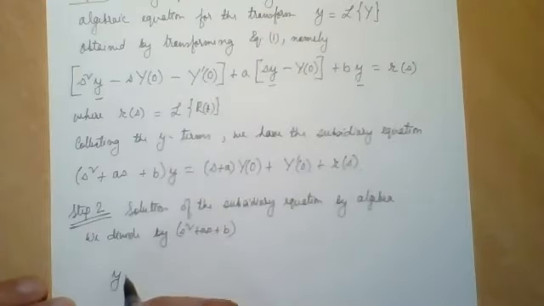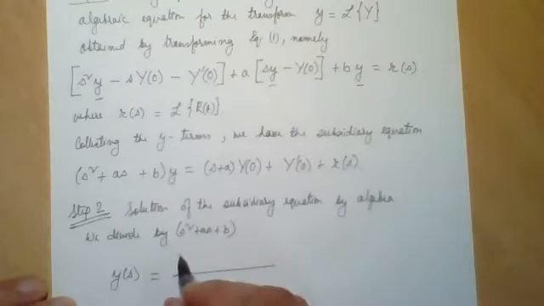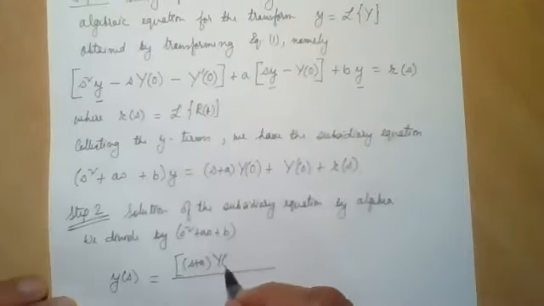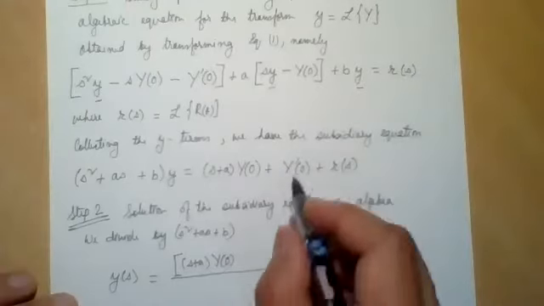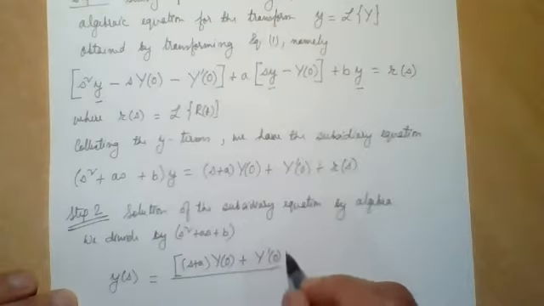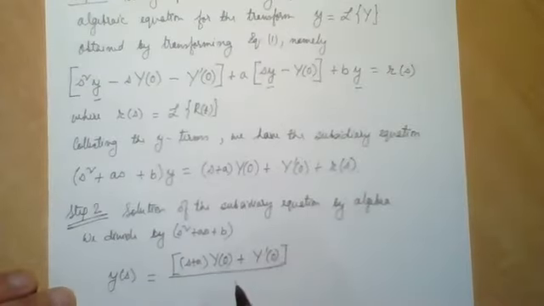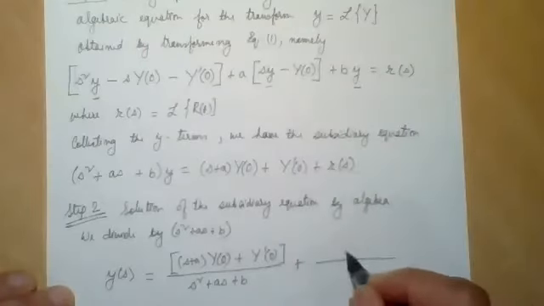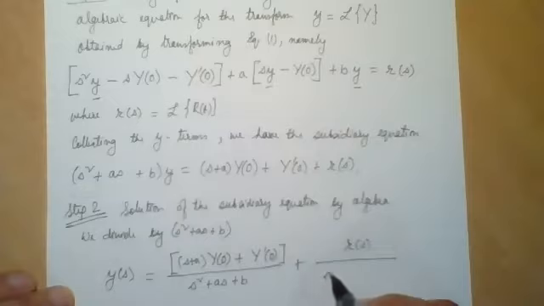y. This y is a function of small s. This is equal to s plus a times y0 plus y prime 0, divided by s square plus as plus b, plus this rs divided by s square plus as plus b.